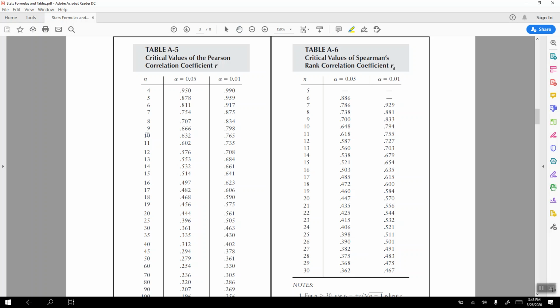The value that I'm looking at is n is equal to 10. Alright, so there's n is equal to 10. Now, what's my significance level? The significance level is 0.01, which then means my critical value is 0.765. So that's my critical value, 0.765.